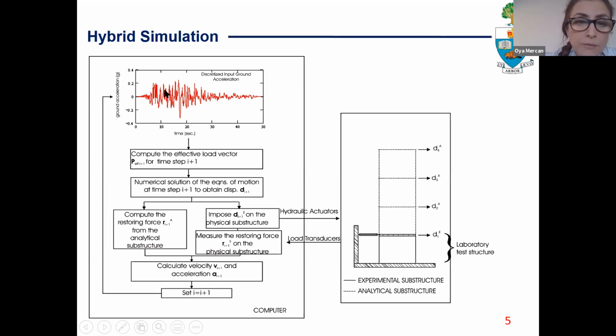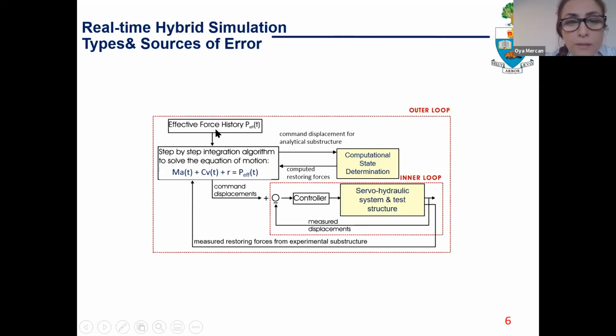So if we have components in our structure which are load rate dependent, in order to capture the accurate vibration characteristics of the structure, we need to perform real-time tests. So this is where real-time hybrid simulation comes into the picture.